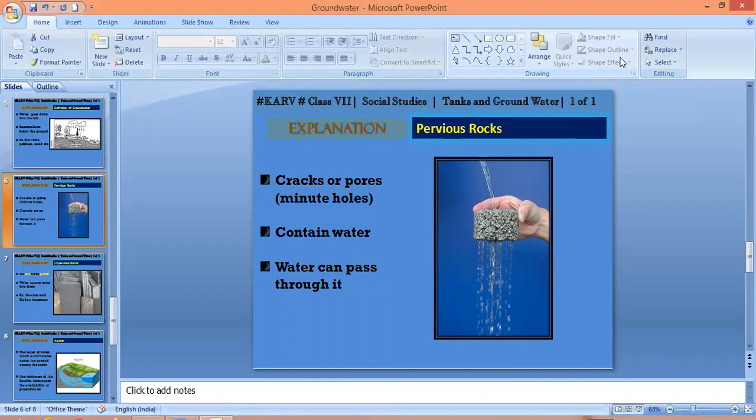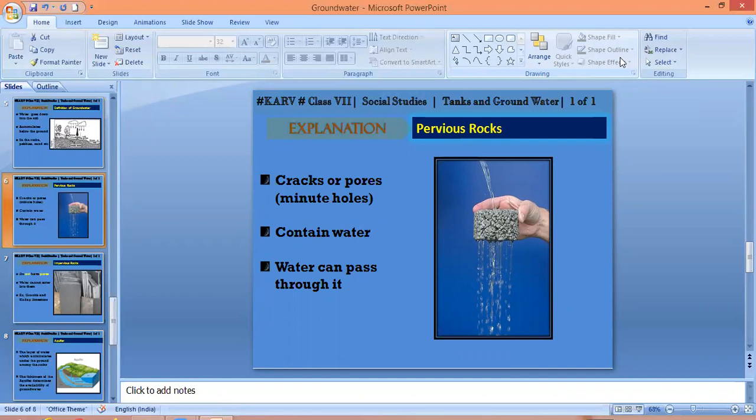One type of rock is pervious rock. As you can see in the picture, this rock has pores and cracks. Pores mean small minute holes. So when water is falling, it can pass through it.